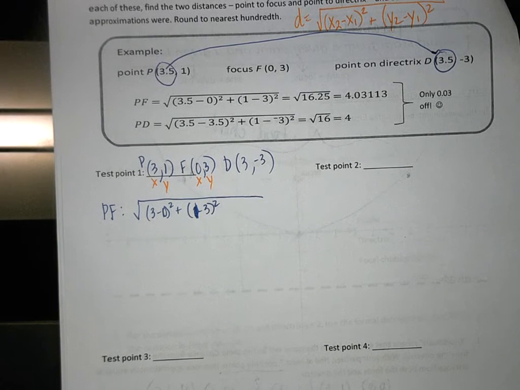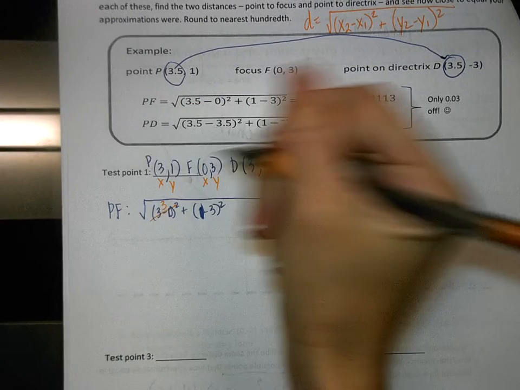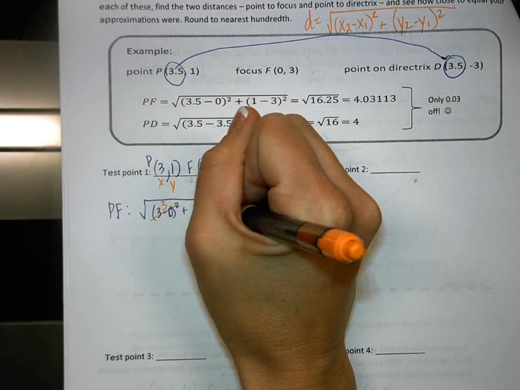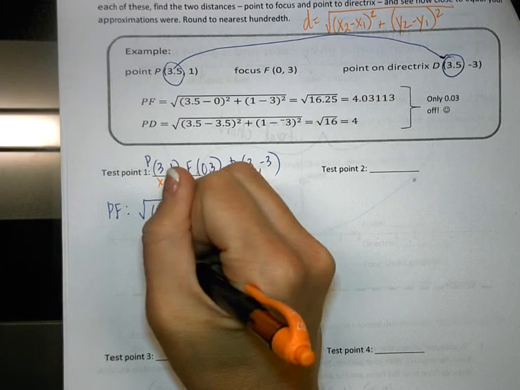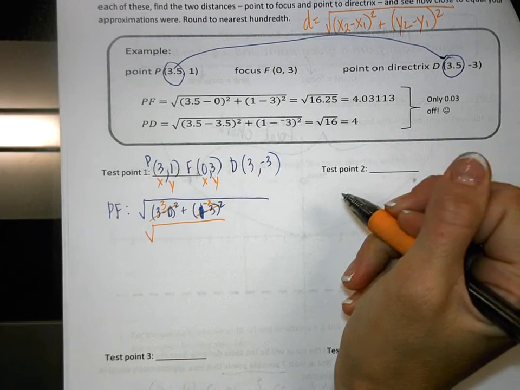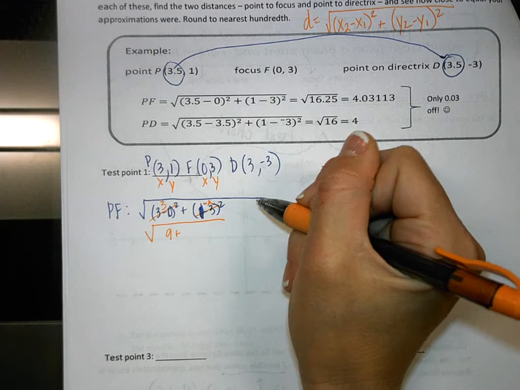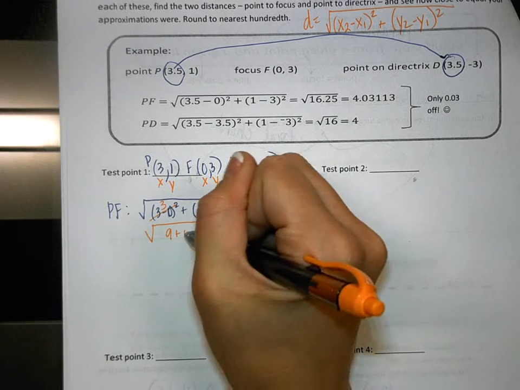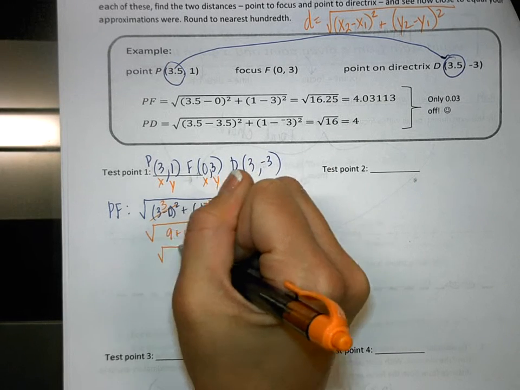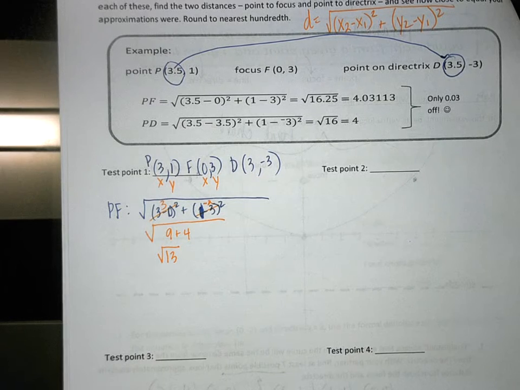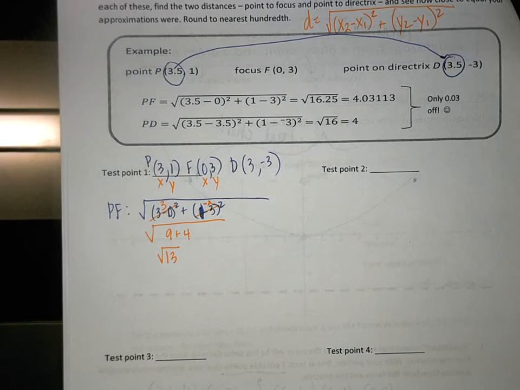Okay, 3 minus 0 is 3. And 1 minus 3 is negative 2. So we have the square root of 3 squared, which is 9, plus negative 2 squared is 4. And 9 plus 4 makes 13. Good. Okay, so that's the distance from our point to our focus.